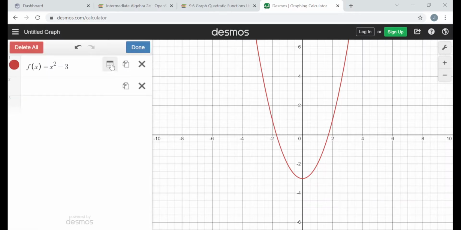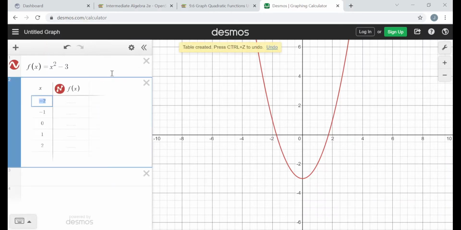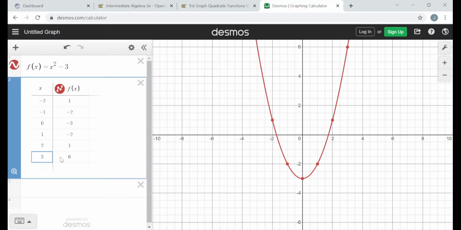And again, you can make a table, right? And you see these points popping up are like the points I plotted in my hand table, right? -2, 1, -1, -2, 0, -3, 1, -2, 2, 1. And I can just keep adding to this, input 3, output 6, right? Input -3, output 6, right? And those points show up on the graph, like I did in my hand drawing.